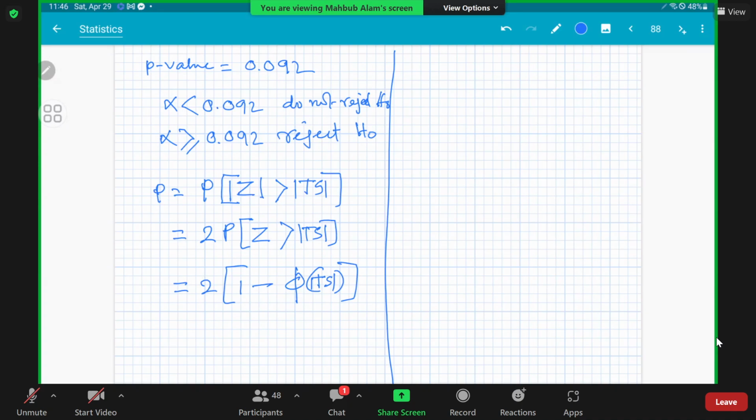The final thing that is related to the hypothesis testing is the beta. The beta value is calculated based on a particular value of the parameter, and it is defined as the probability of failing to reject a false null hypothesis.